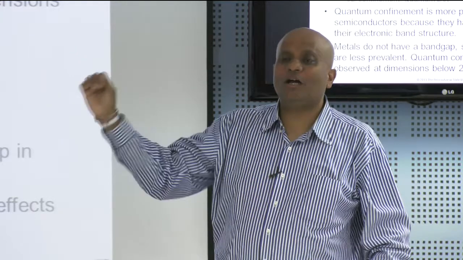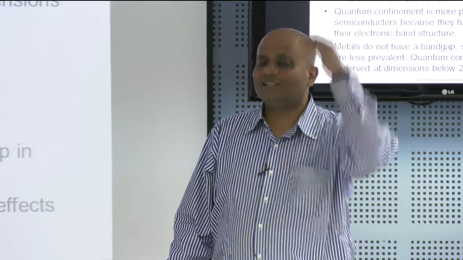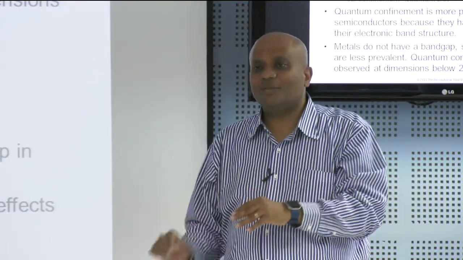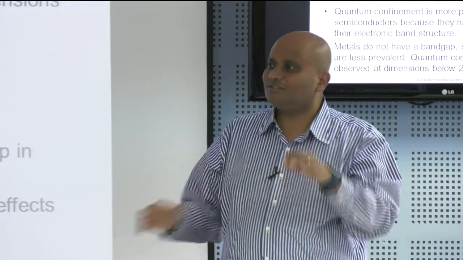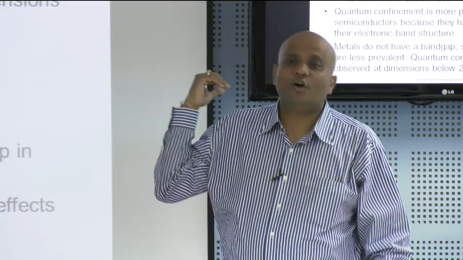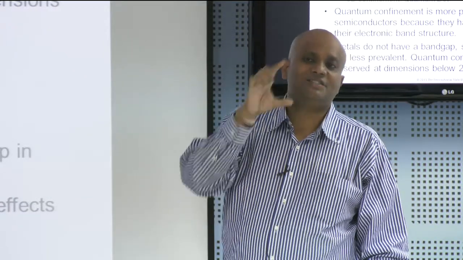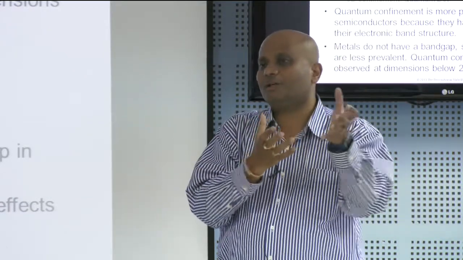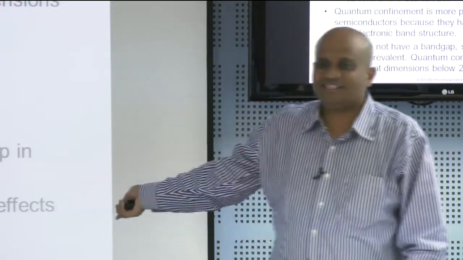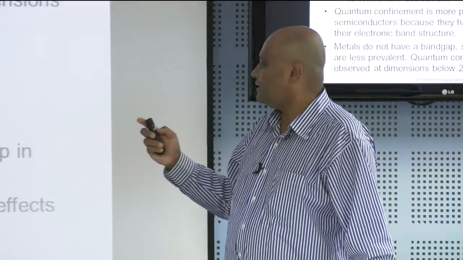Then suddenly at one point when it becomes nano, it drops from 1400 to 1100, and as you make it smaller, it keeps going down, scaling down with the size. So there is one point where there is a sudden change. For all nanomaterials, there is a sudden change where the properties change from the bulk to the nano form, and here that happens to be when the size is on the order of 2 nanometers.